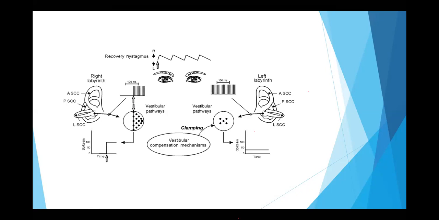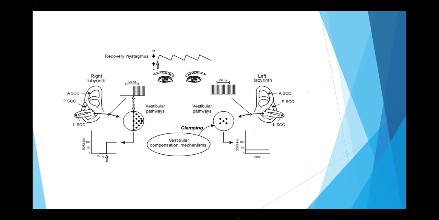When you have one vestibular nucleus getting more responses than the other, it means the head is turning. Okay, fine. After that, what will the vestibulo-ocular reflex do? Now the signal reaches the vestibular nuclei that the head is moving towards the right side.